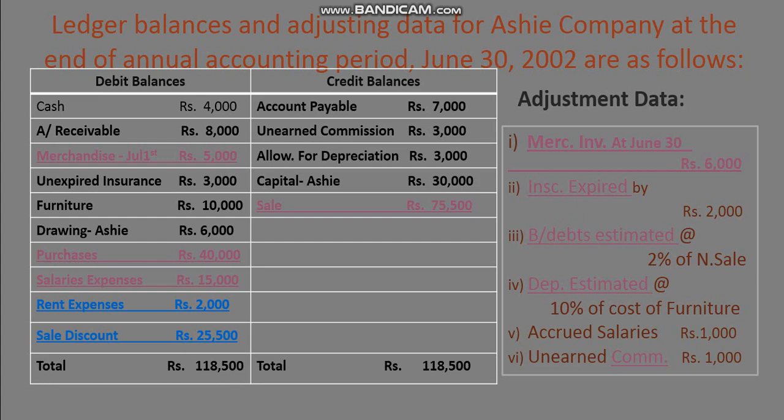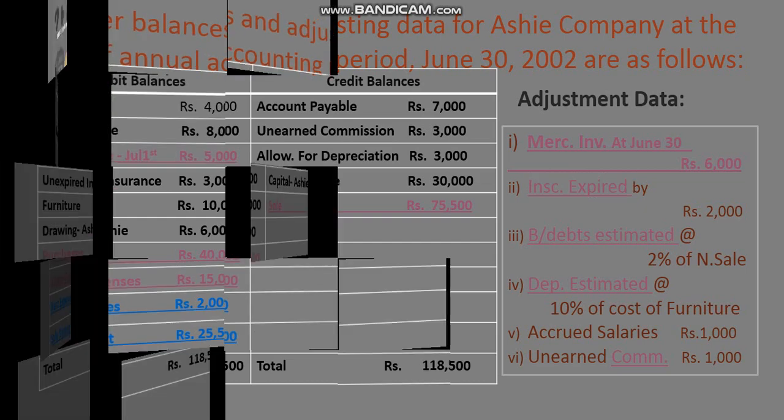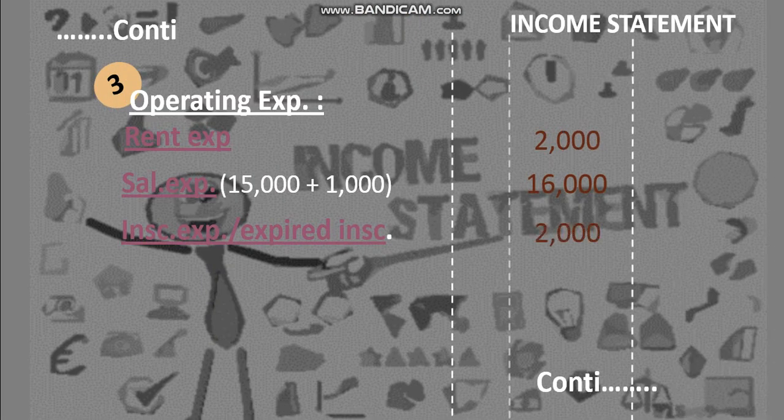Again, we can find the insurance expired in the adjustment data, that is 2,000, while we can find the insurance word on the debit side of the ledger balance with the word unexpired. Unexpired is considered a current asset, so we will just take the insurance expense, that is 2,000, and we will write it in the second column.